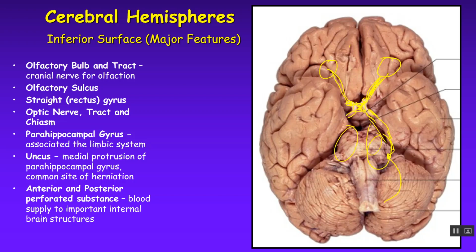Then those radiate back to your occipital lobe, and that's called the optic radiations. The radiations are also axons. Okay, so you have an optic nerve, an optic chiasm, an optic tract, and an optic radiation. These are all different parts of that communication going from your eyeball all the way to the brain. So that's describing all the different parts of the pathway. Don't need to know the detail now.